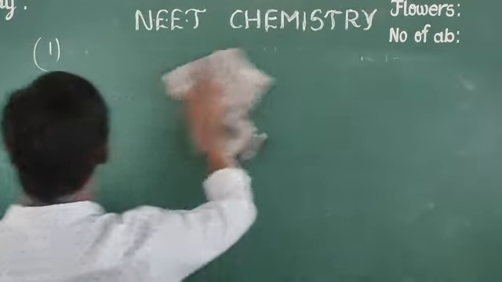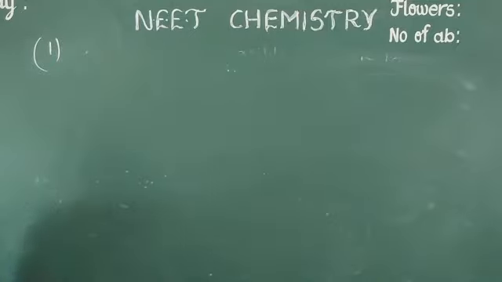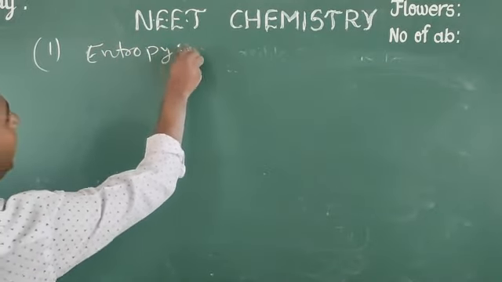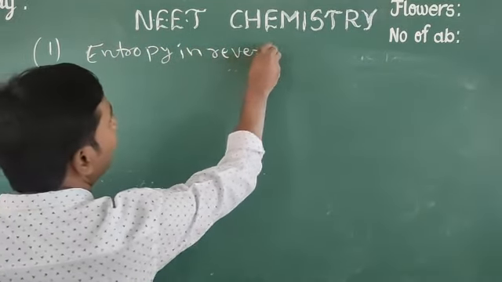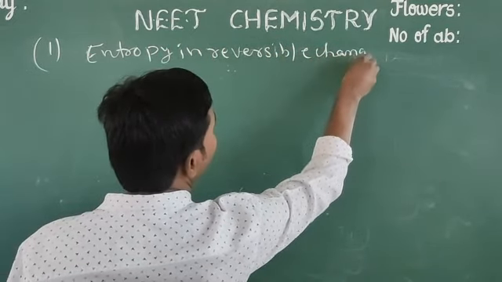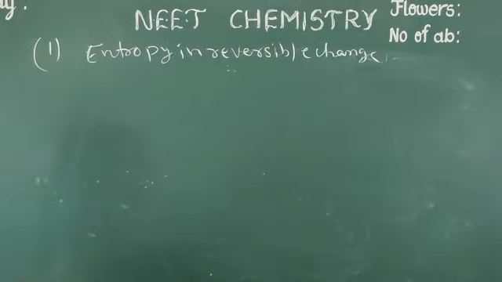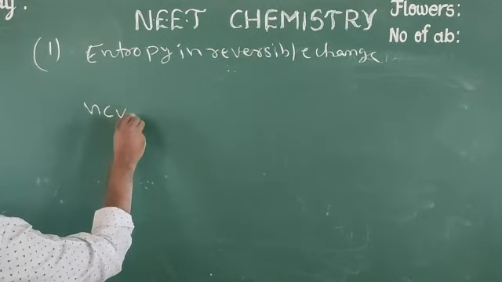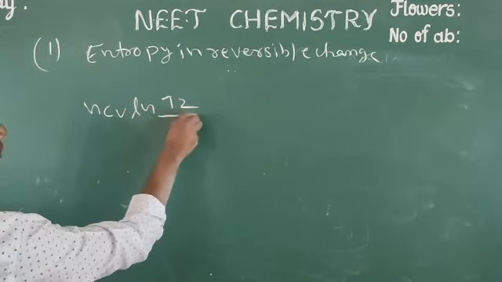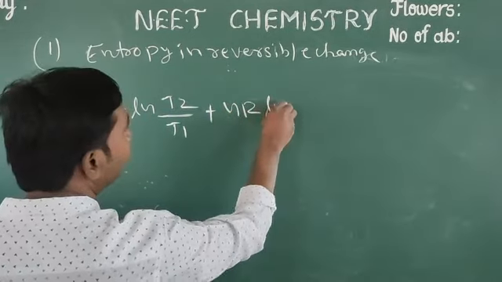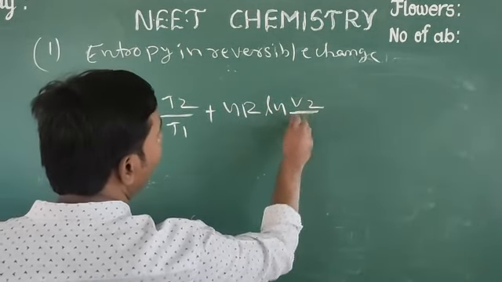Okay, so the total formula, the mixing formula, for entropy in a reversible change is n Cv ln T2 by T1 plus nR ln V2 by V1.